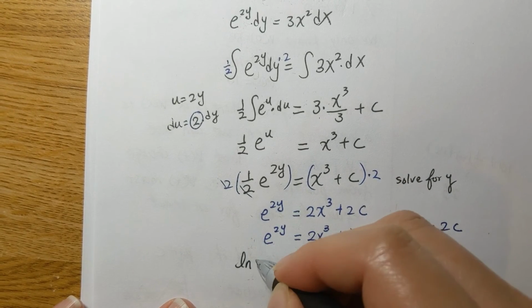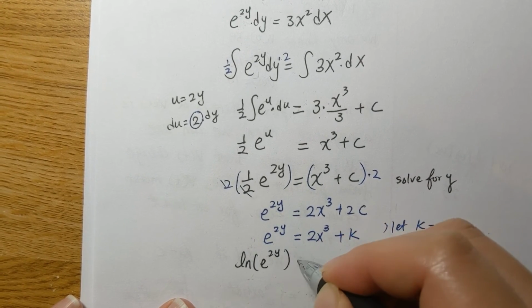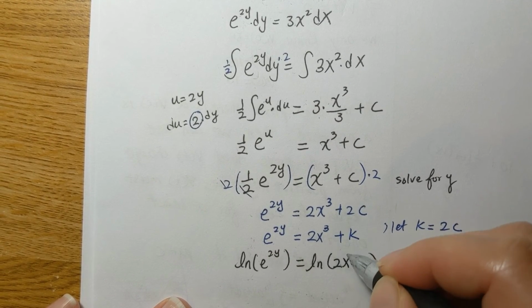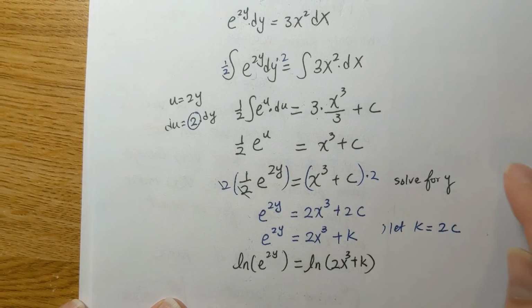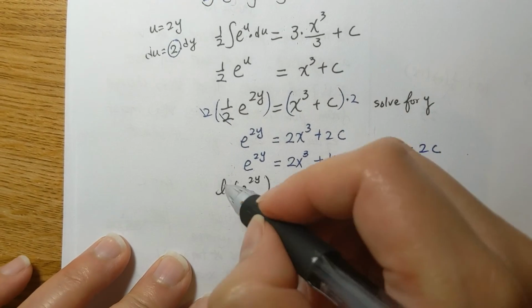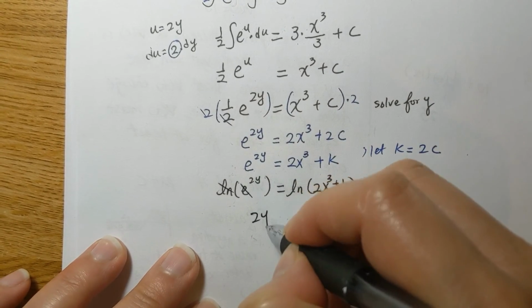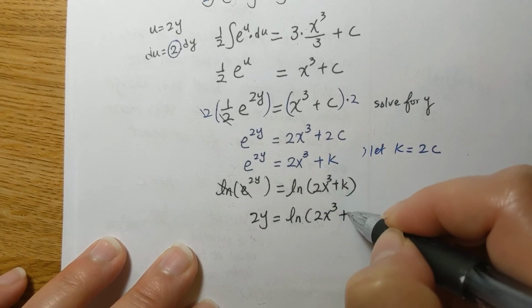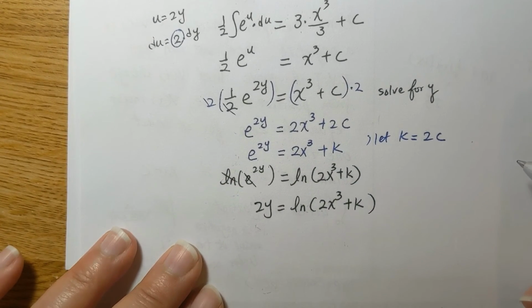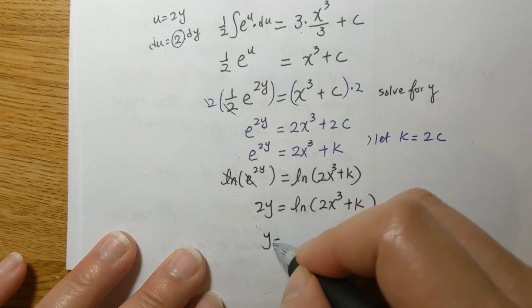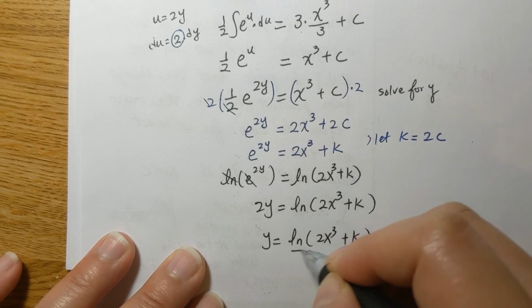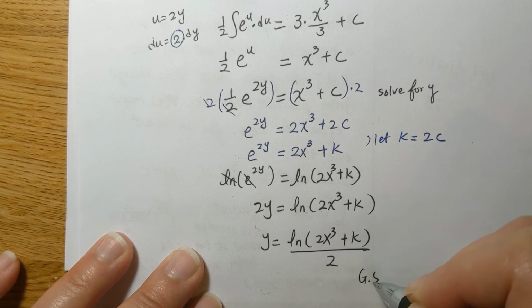I need to do ln of e to the 2y because it's the inverse function, and ln of 2x cubed plus k. Now this cancels, so I get 2y equals ln of 2x cubed plus k, and divide by 2. So we finished the general solution.